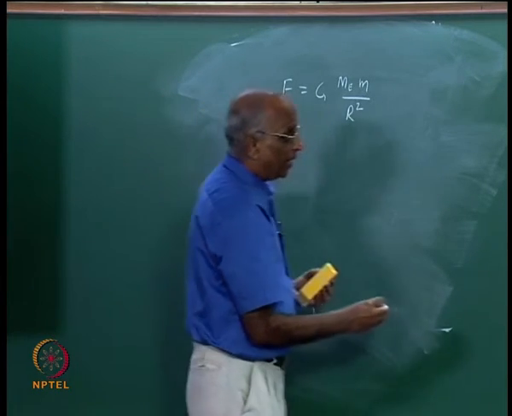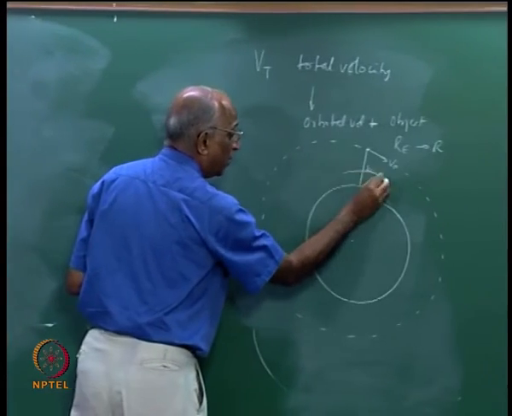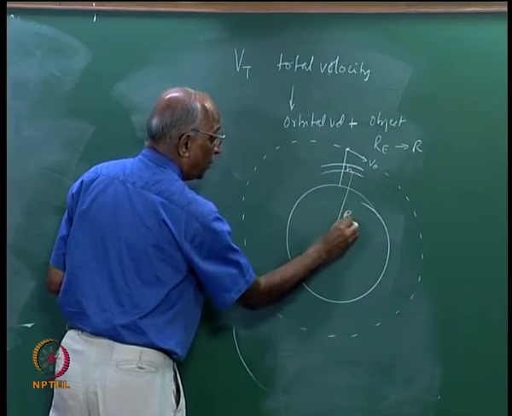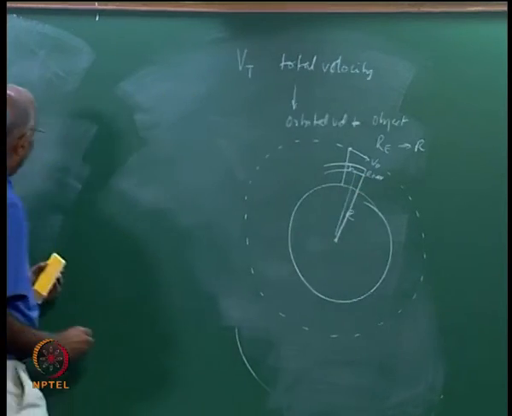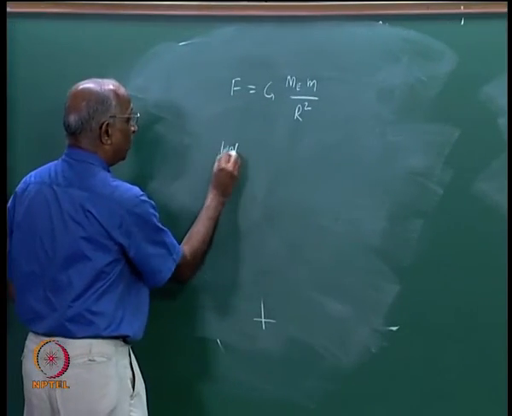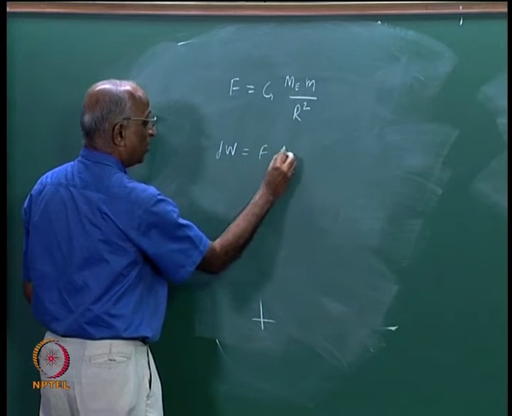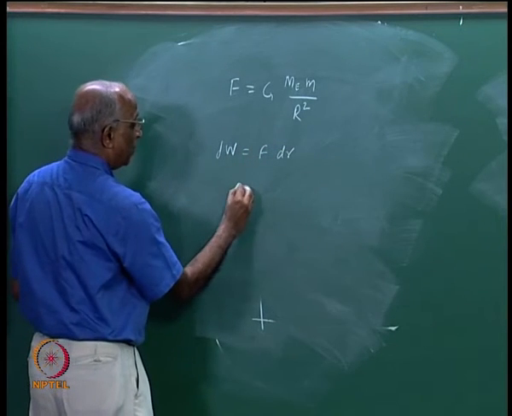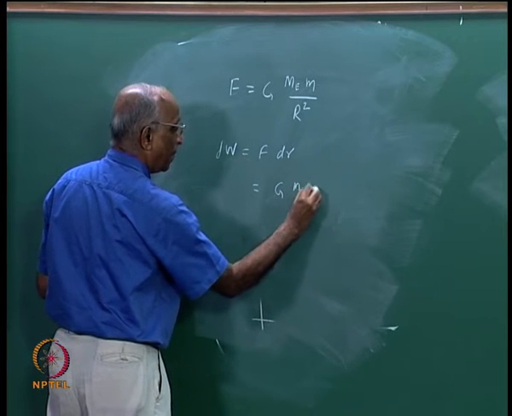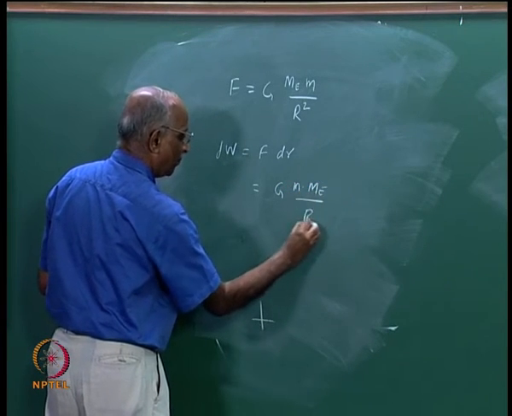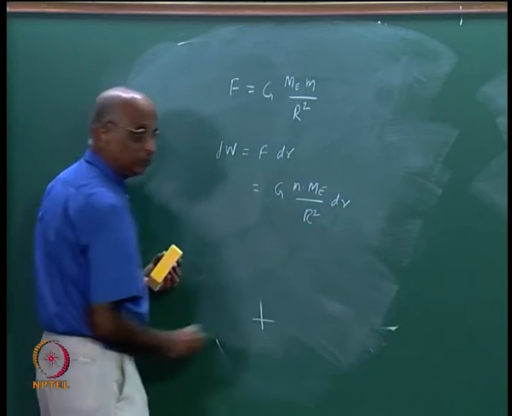Maybe I assume that it goes from a height r to a height r plus dr. What is the small work required to be done? dw is equal to force into the small displacement dr, and therefore dw must be equal to G m Me by r square into dr.